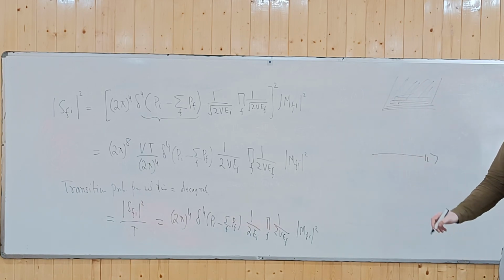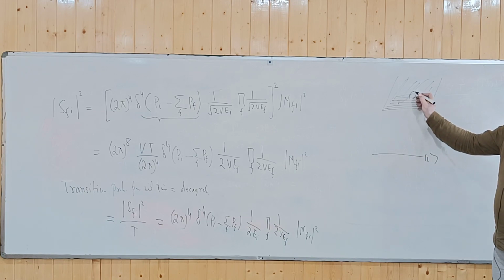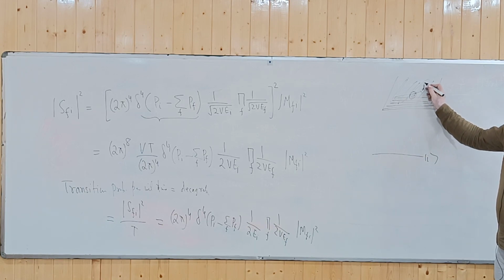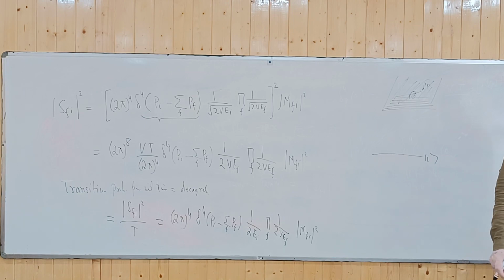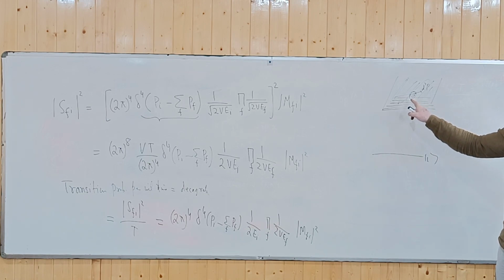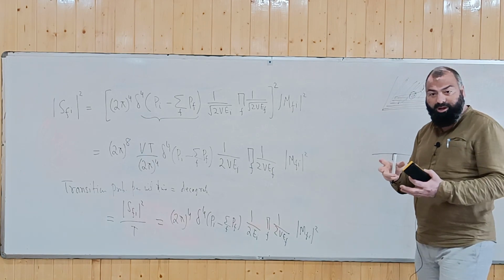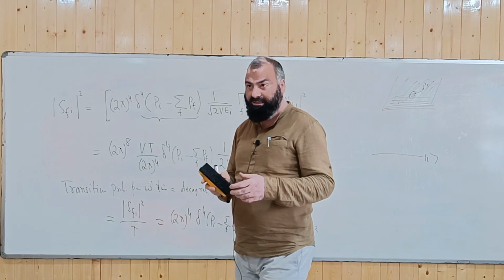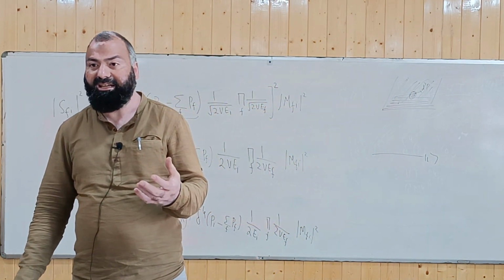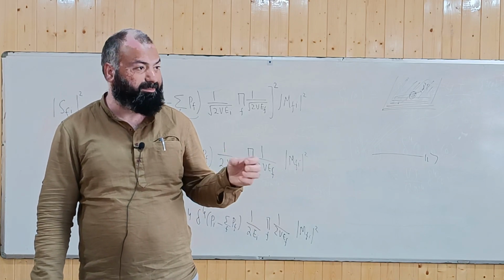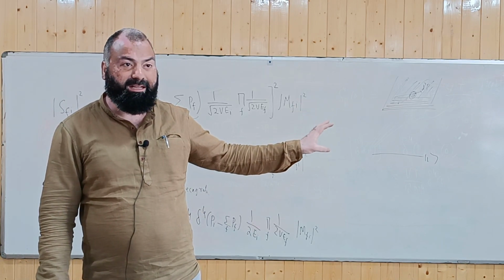In this volume element, you first look at d³p, and then you integrate over all the possible final states. Clear? How can I calculate the number of states within this volume element? Because this small volume element will have a certain number of states. I have to calculate the number of states within that volume element.